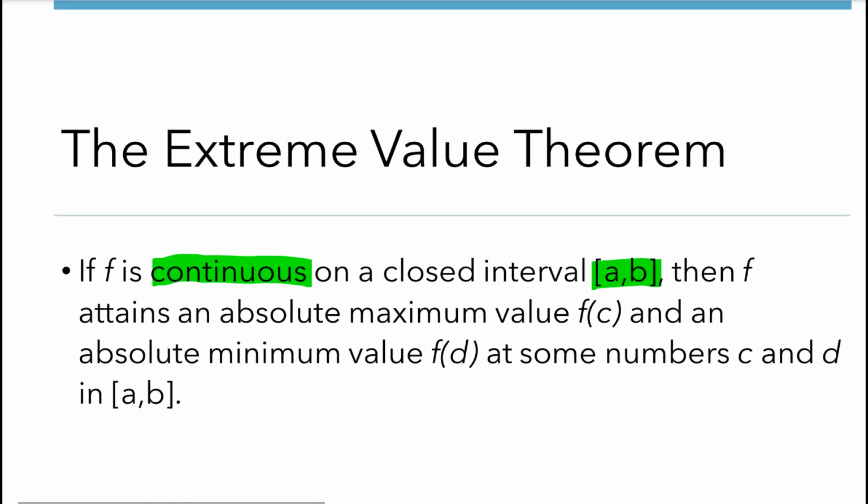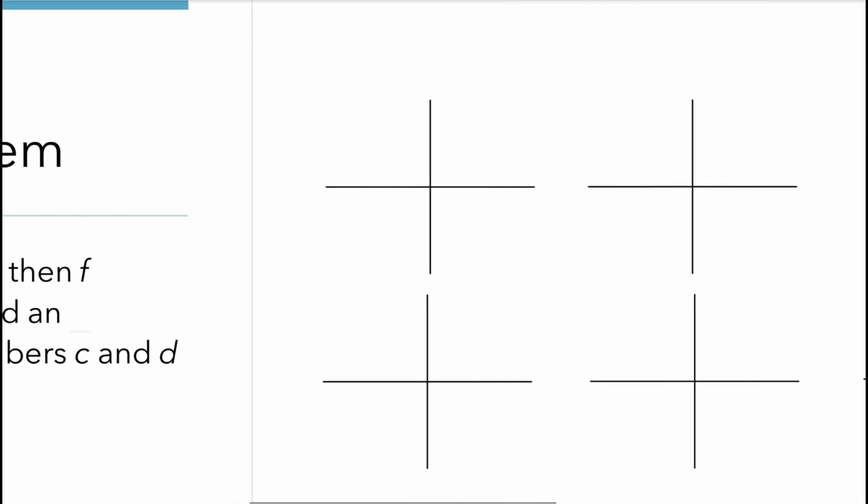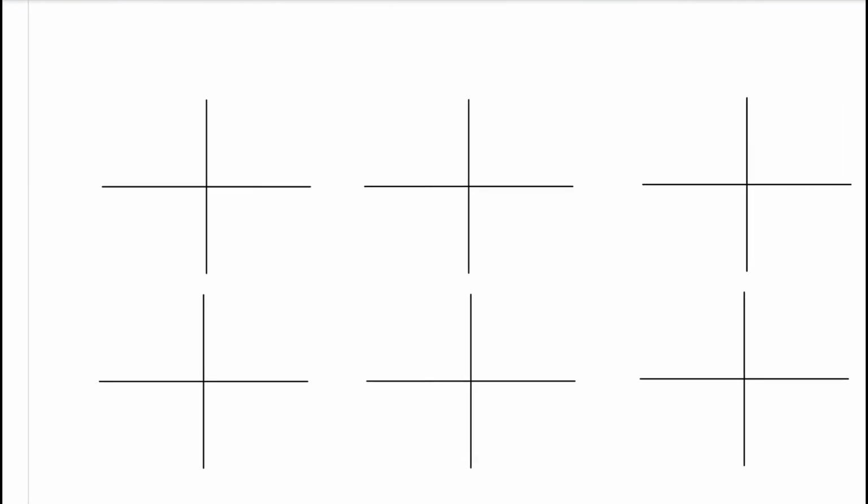So let's go down here to our extreme value theorem, and let's just make some graphs. I'm just going to make a point, and I'll make another point. I'm going to pause for a second and say, all right, now you graph that so it's continuous in between and make sure there's no absolute max or min.